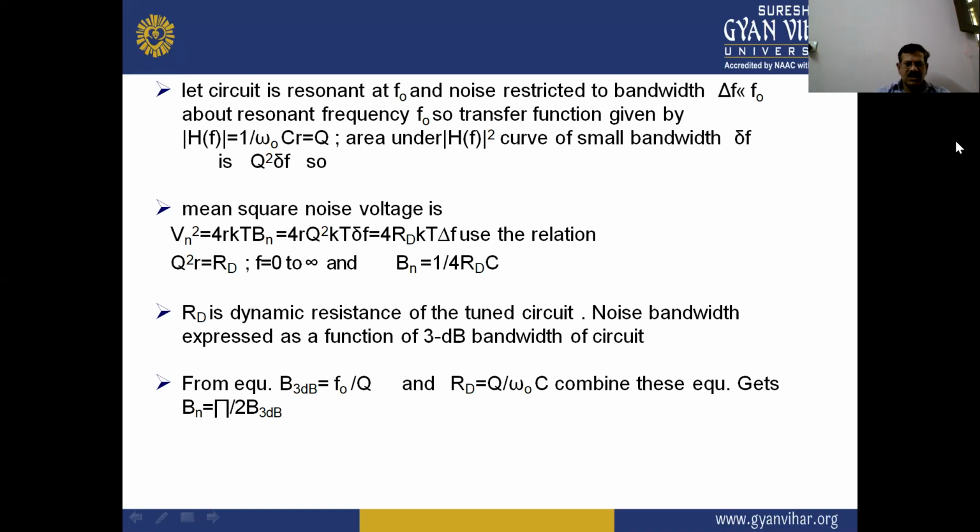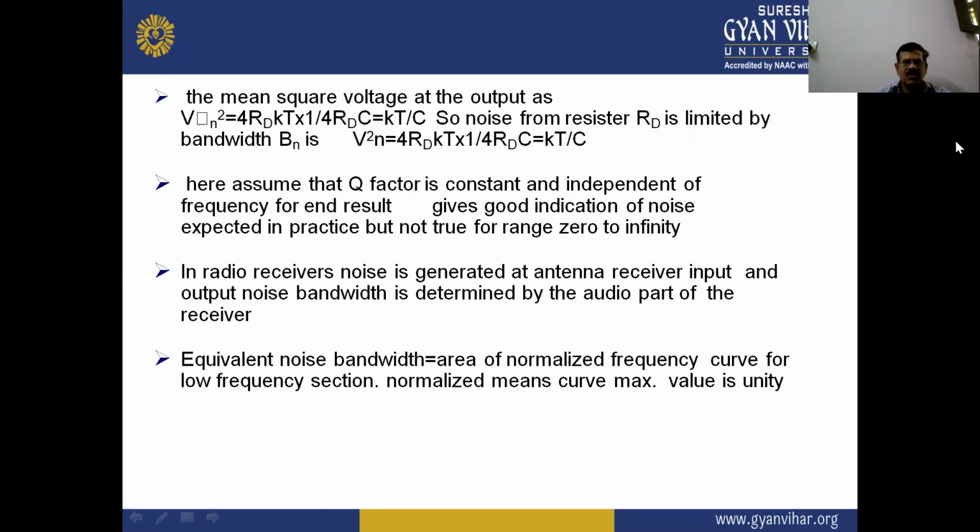From the equation, the 3 decibel bandwidth is F naught upon Q, and RD equal to Q upon omega naught C. Combining these equations, the mean square voltage at the output is Vn square equal to 4 RD kT x 1 upon 4 RDC, equal to kT upon C.